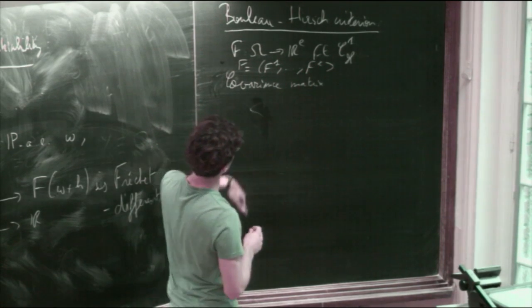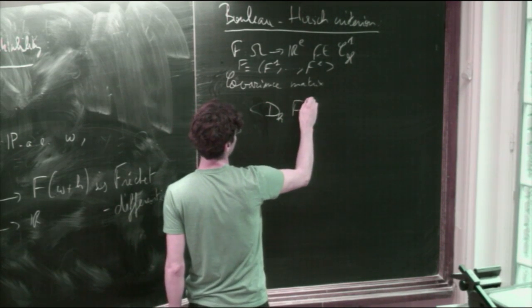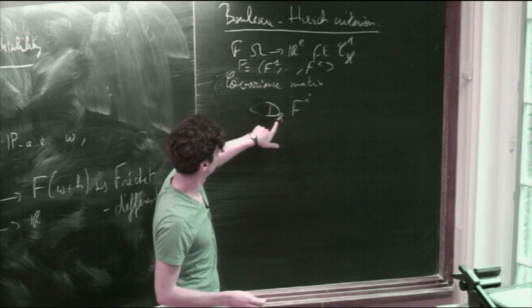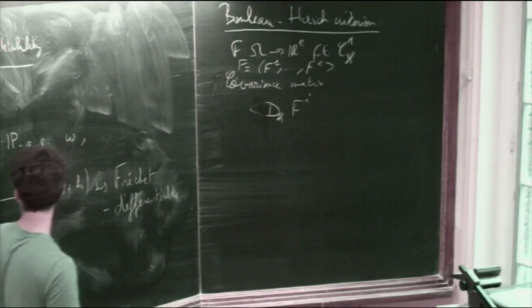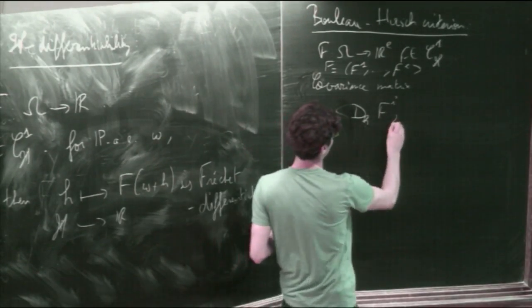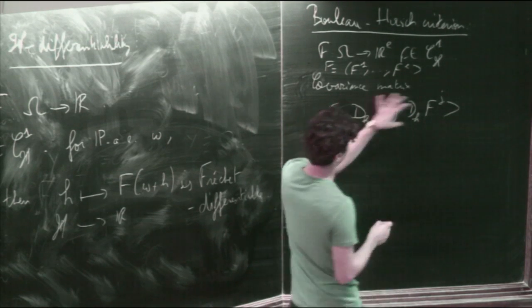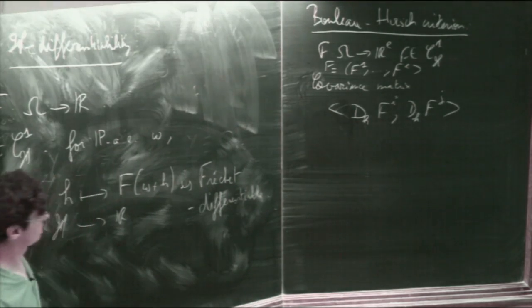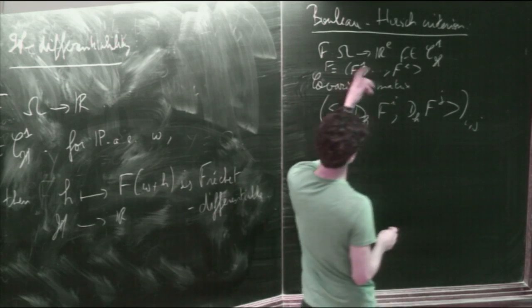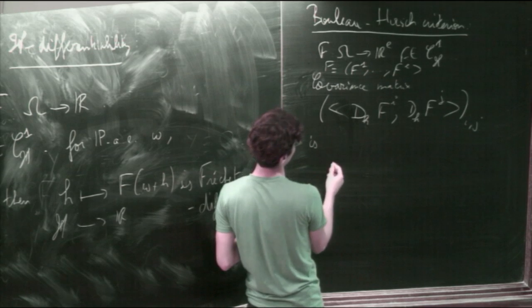And you have the derivative of f_i in the direction h, D_H f_i. This is a derivative on the space H, so it's again an element of H, and so you can pair it with another one. This thing is defined at least outside a set of measure 0. And what you ask is that this E times E matrix has to be invertible.